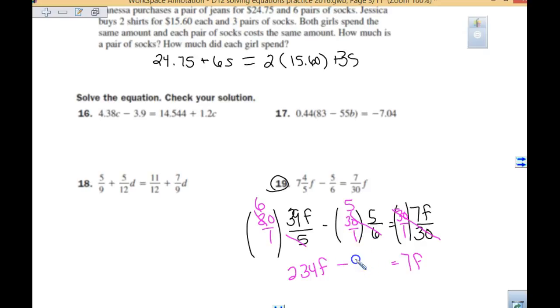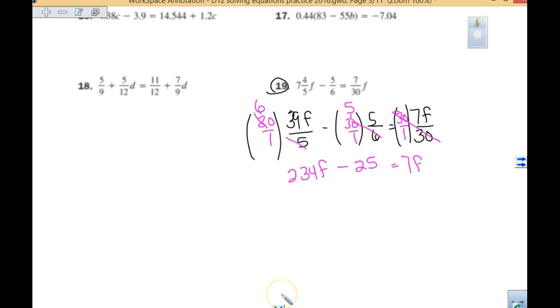5 times 5 gives me 25. So you're looking at that problem, and I want that negative 25 all by itself. Noah, what would you do? Subtract 7 from this. Well, we could, but let's just get this negative 25 by itself. So instead of subtracting 7F, let's get rid of this.